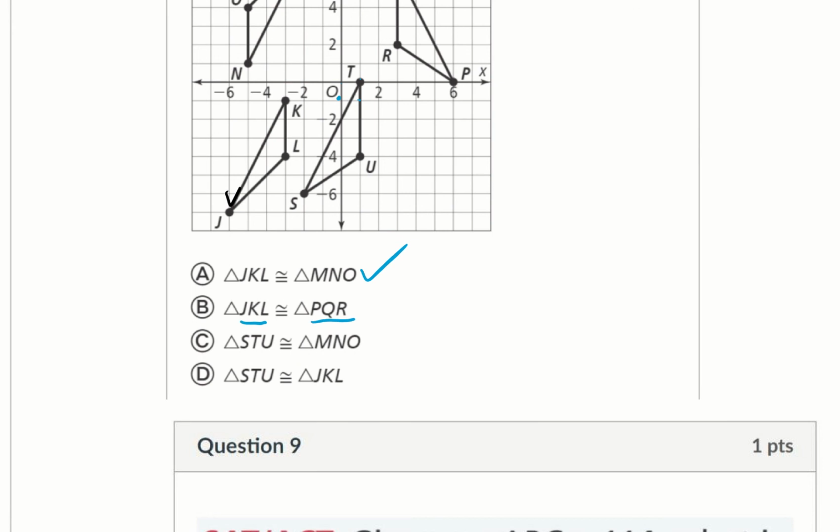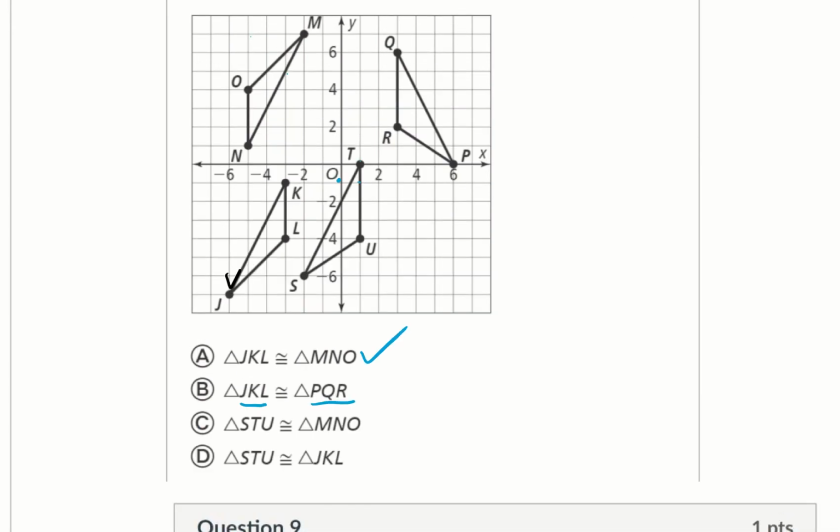So JKL and PQR. Well, let's see if this is true. If JKL is congruent to PQR, that means that JK is congruent to line segment PQ, which means the lengths are the same.